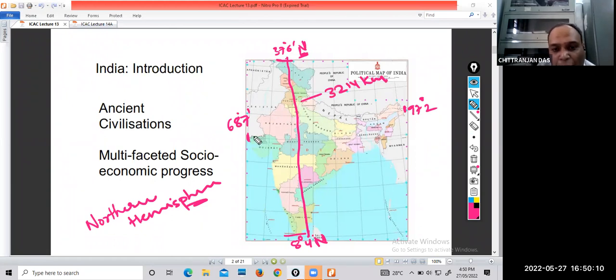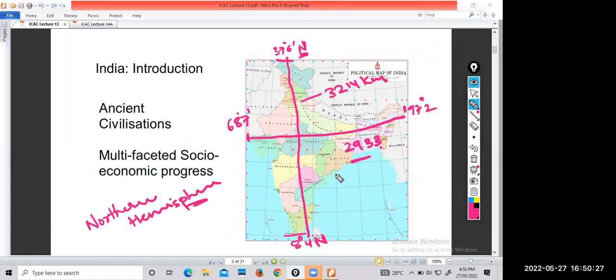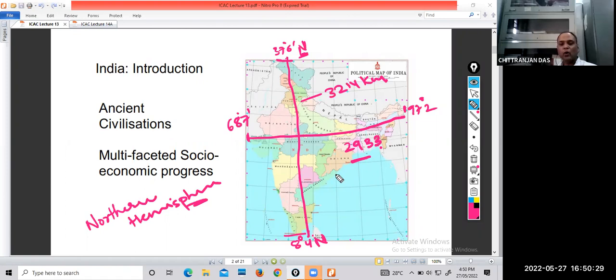And if we create a line from west to east, it is around 2933 kilometers. So which extent is more? North south extent is more, or east west extent is more? North south. So always remember that the north south extent is more, and the east west extent is a little lesser. Okay, so everyone, it is clear.